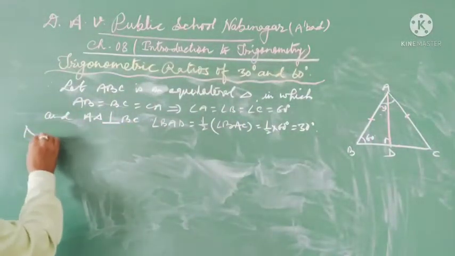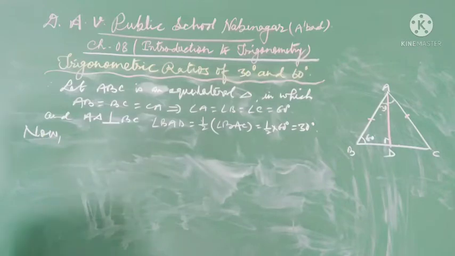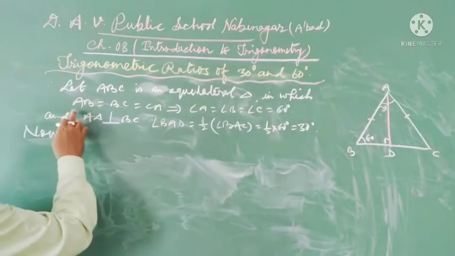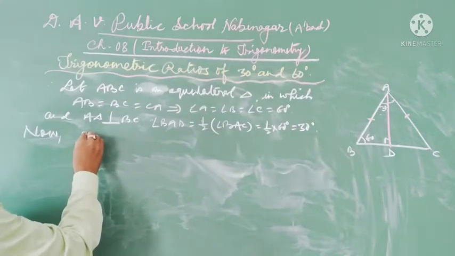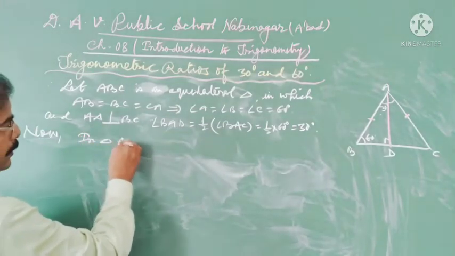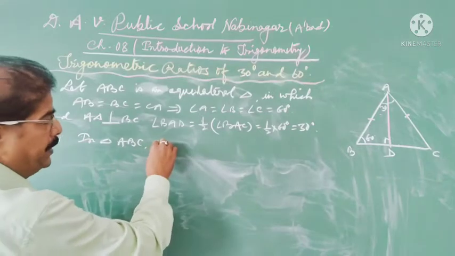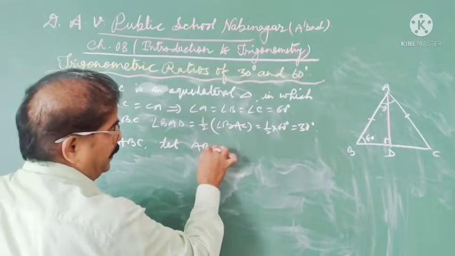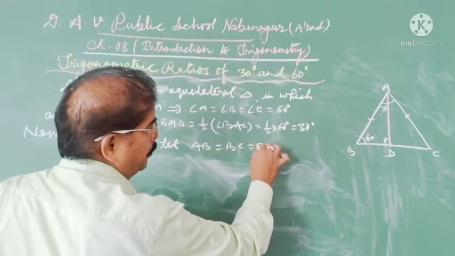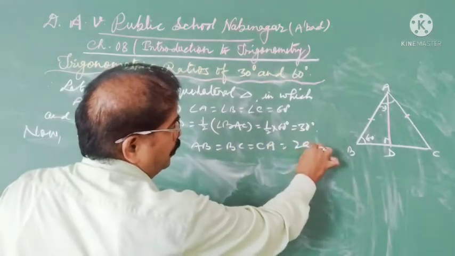Now AB equal to BC equal to CA, and now in triangle ABC, let AB equal to BC equal to CA equal to 2a.